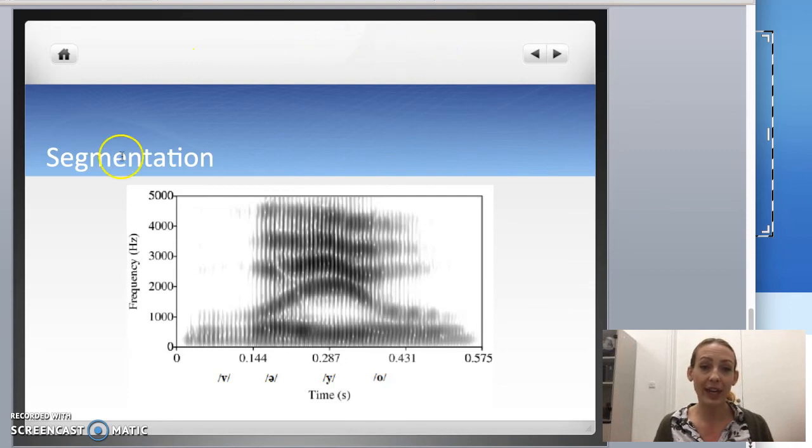So what you have here on this slide is a spectrogram, and it represents the recording of these four sounds. v-yo. And what you're going to see here is that continuity.